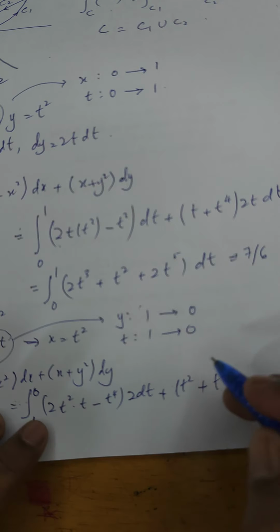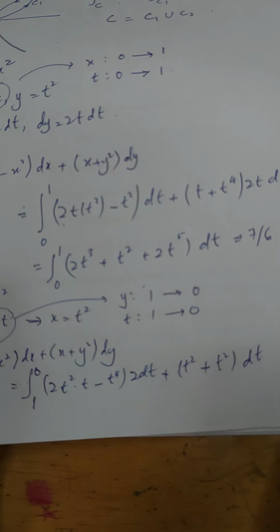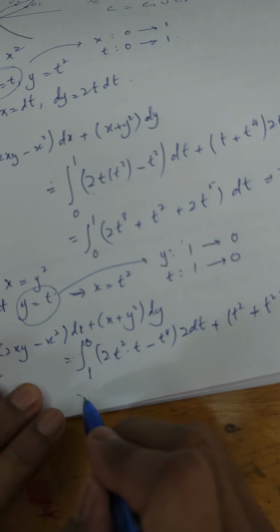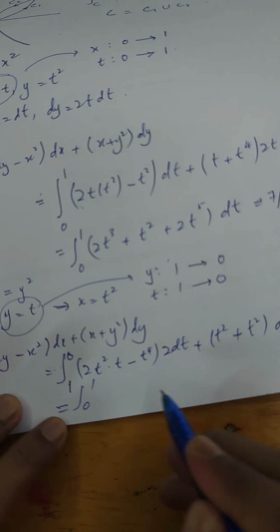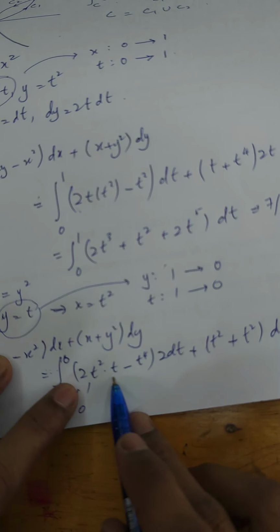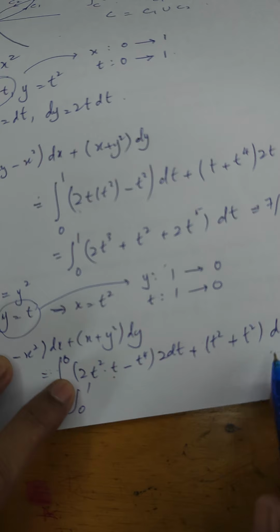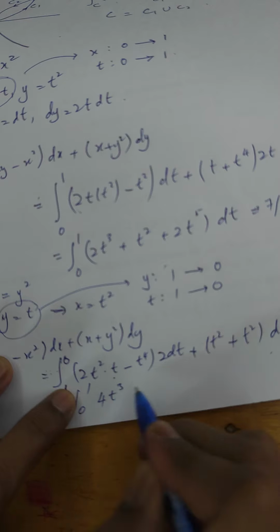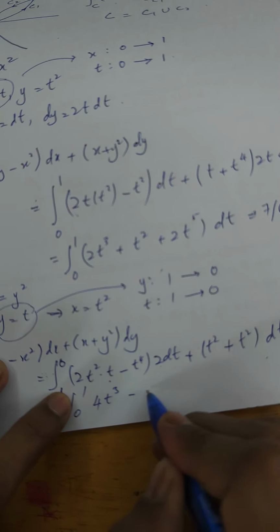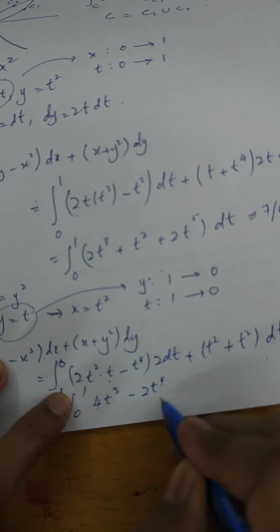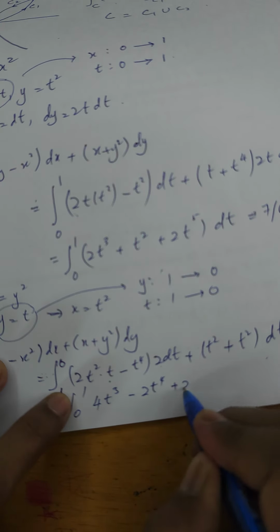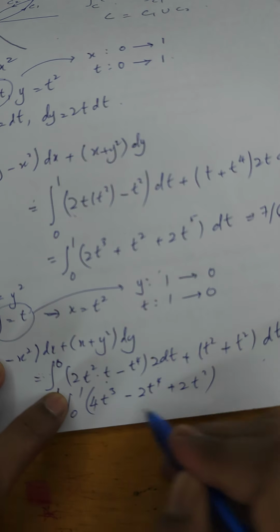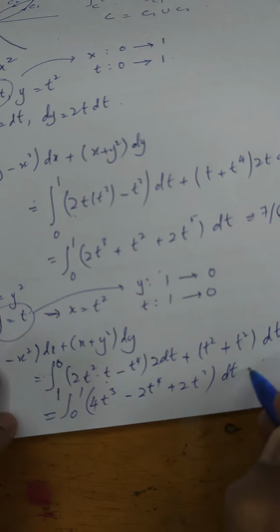Yep. And dy is dt. Okay, simplify this. We have 0 to 1. So what we have, t times 2t cube, so here another 2. So we have 4t cube minus 2t to the 4 plus 2t squared dt. Okay, so evaluate this.